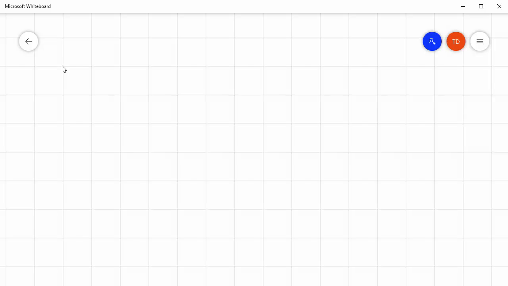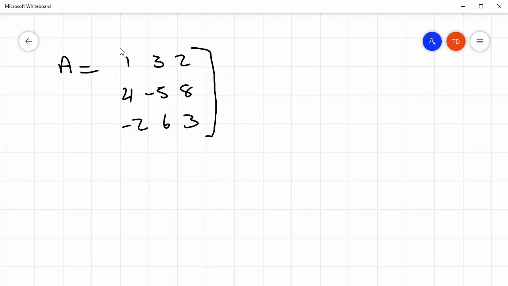Let's imagine we have a 3x3 matrix, which is 1, 3, 2, 4, -5, 8, and -2, 6, 3. So to find the determinant, we do the plus and minus signs again, so that's plus, minus, plus.